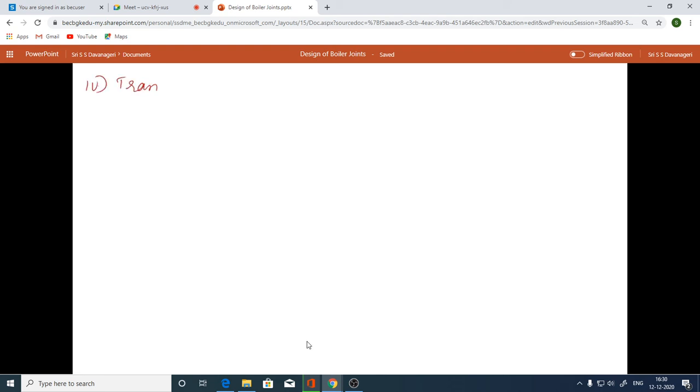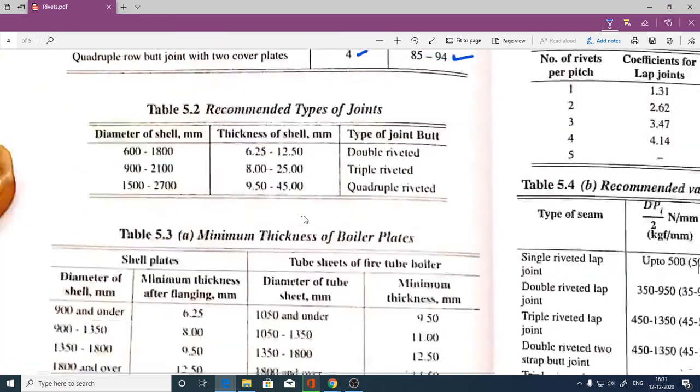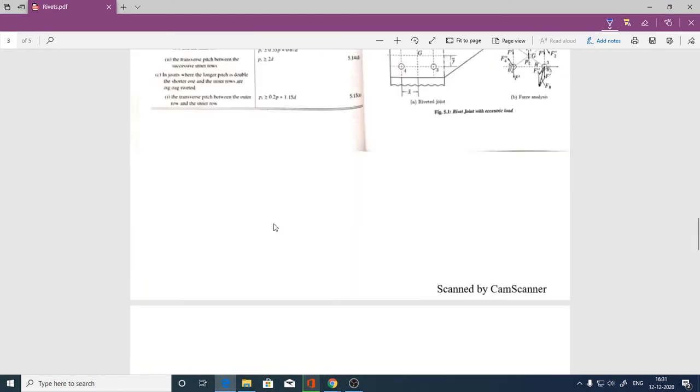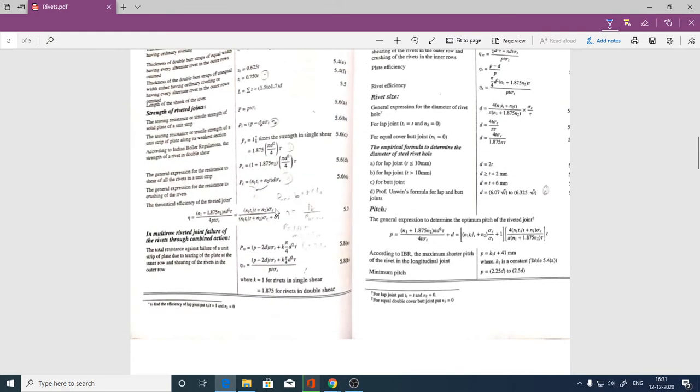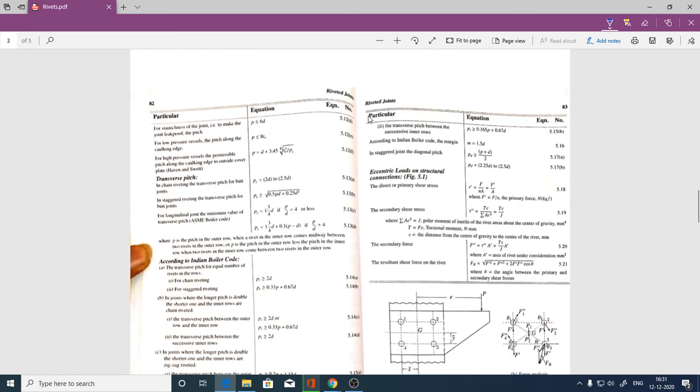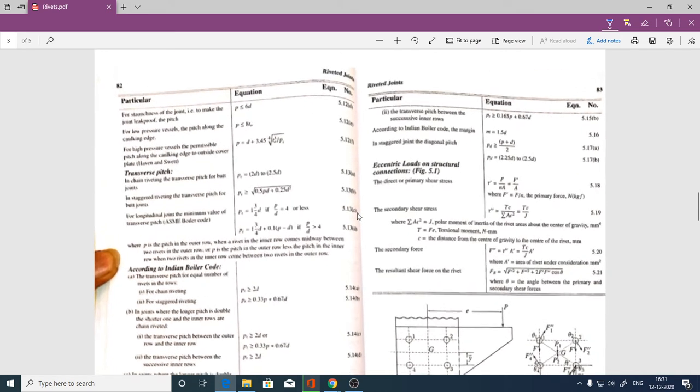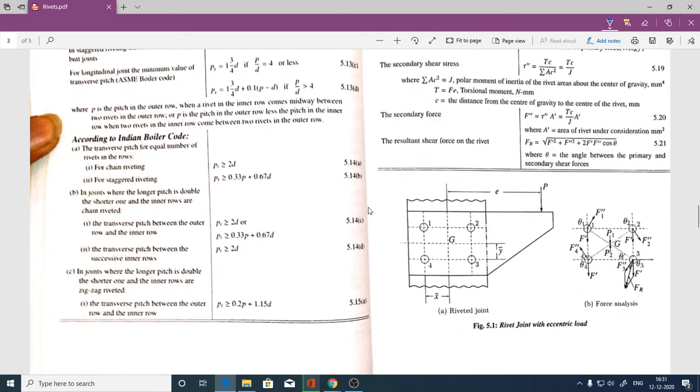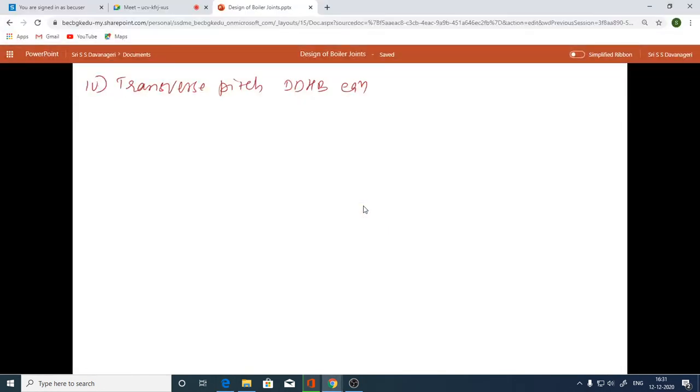Right. Now once the pitch is calculated, next you need to find out the transverse pitch. Already you have noted, refer design data handbook, equation number 5.13.